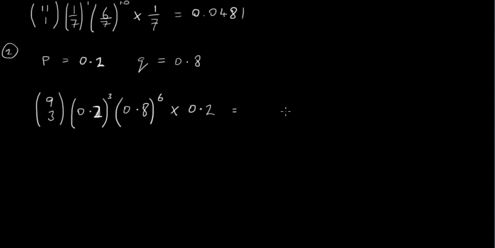So when you work all of this out, 9 choose 3, 0.2 to the power of 3, 0.8 to the power of 6, multiplied by 0.2, you get 0.0352. So the probability that it will take exactly 10 phone calls for her to get exactly 4 people to respond to her questions is 0.0352.